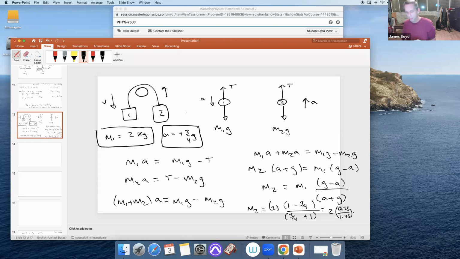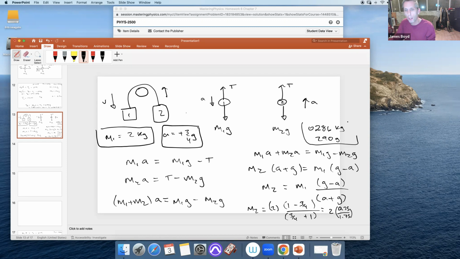To do that, 0.25 divided by 1.75 times 2 gives 0.286 kilograms, or 290 grams.